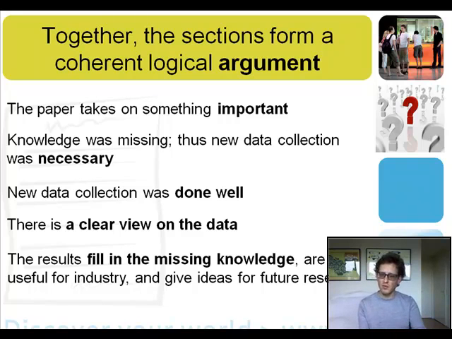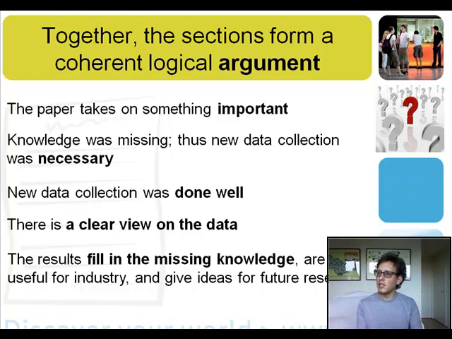Roughly, the pieces of this argument, the different steps, are that the paper takes on something important, an important topic, that previous knowledge on this topic was missing, was somehow incomplete, and thus a new data collection, new observations of tourist behavior were necessary. This data collection was done well.